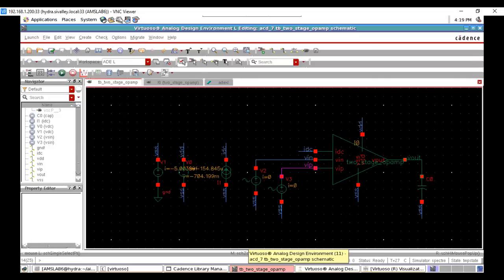What's the problem? Is this calculation right? So 1 by 1.9 milli, how much will it be?